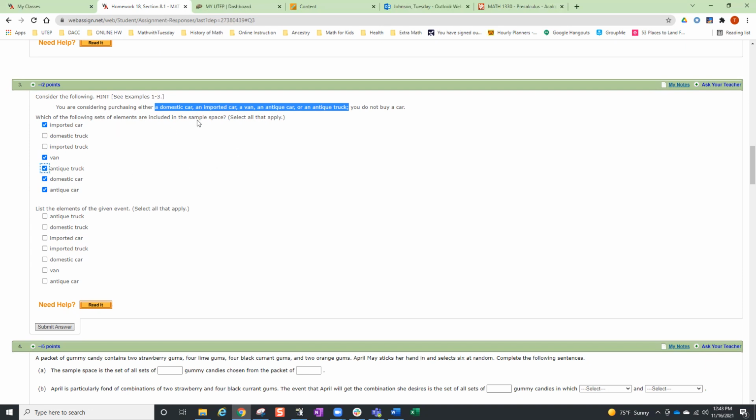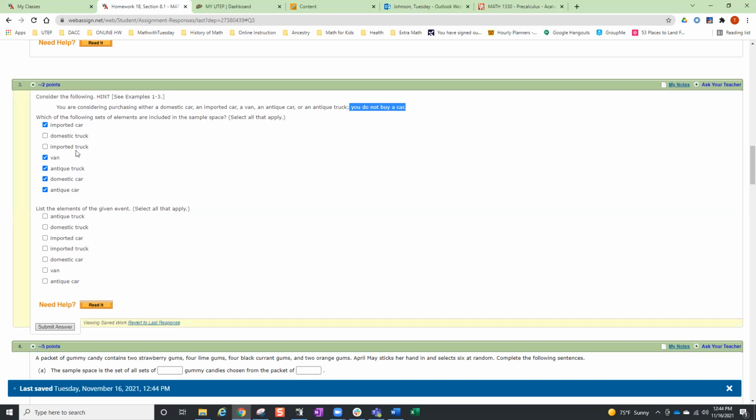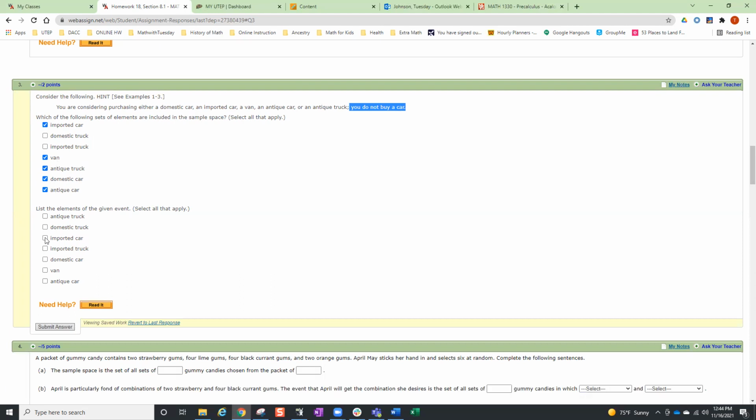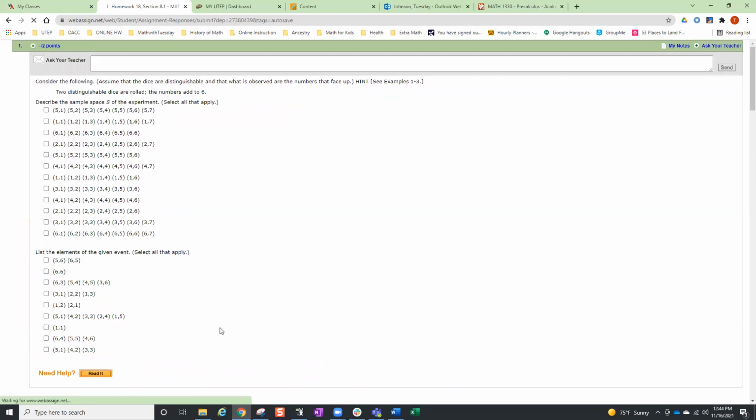My sample space will be everything that's listed. And now my event is I don't buy a car. So the imported car, domestic car, and antique car we're not going to have. But domestic and imported trucks were not even in our list, so we can't think of those either. So van and antique truck are the only options of the ones checked up here that are not a car. Fingers crossed and submit.